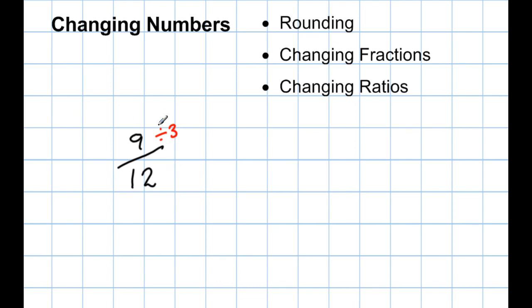Remember, a factor is a number that divides in exactly without remainder. The common factor here is 3. So we divide 9 and 12 by 3 to get 3 over 4. Making the denominator and numerator smaller by dividing by a common factor is called simplifying. You're making your fraction smaller. Simplifying.